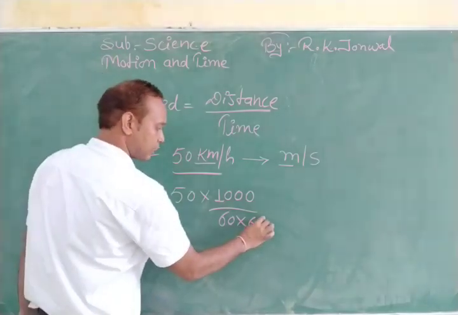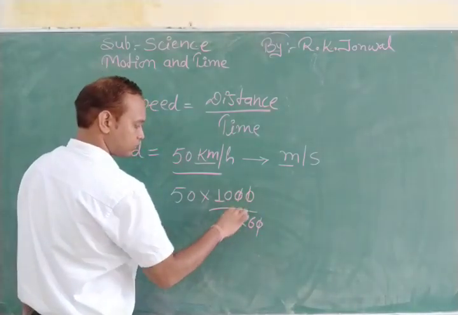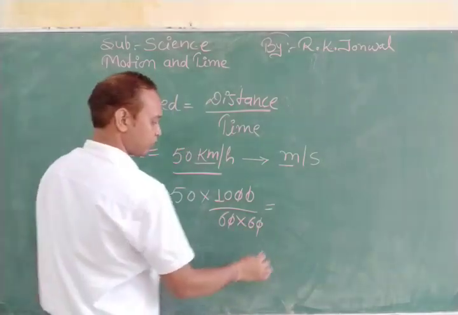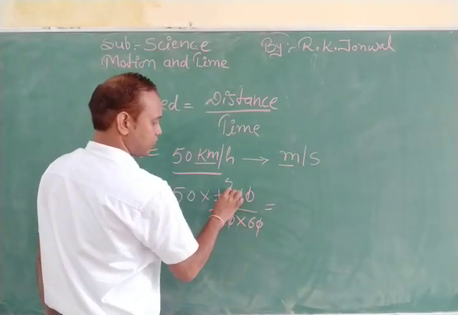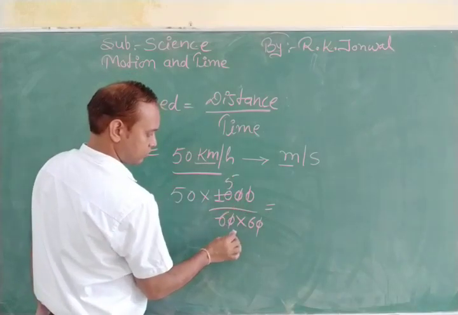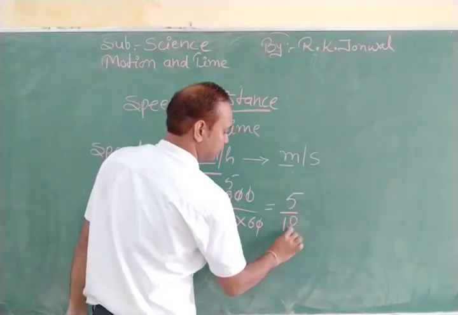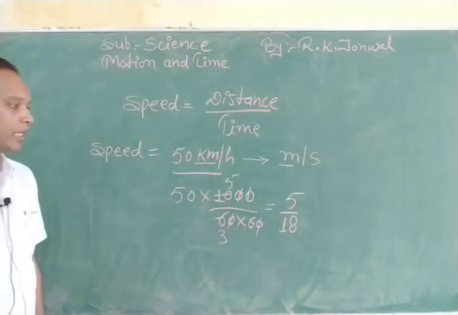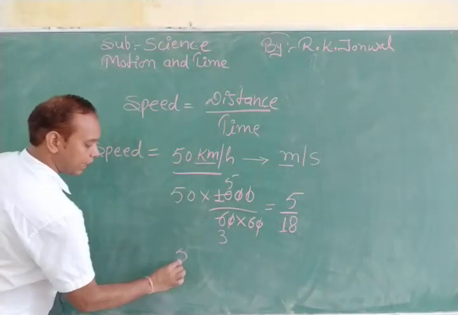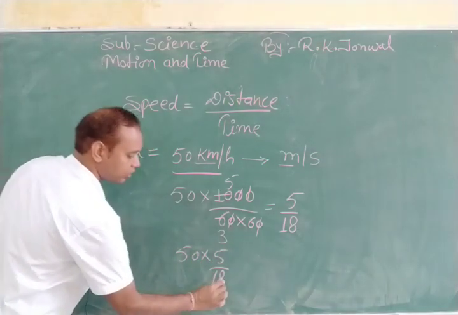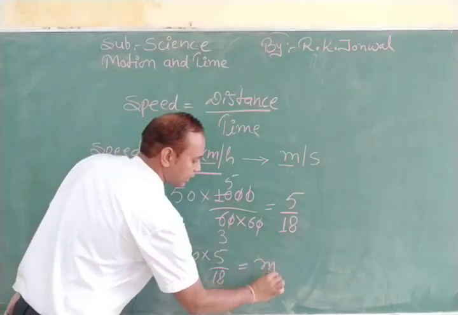Now cancel the 0 and we find 5 upon 18. So you can also directly calculate 50 into 5 upon 18 to change into meter per second.